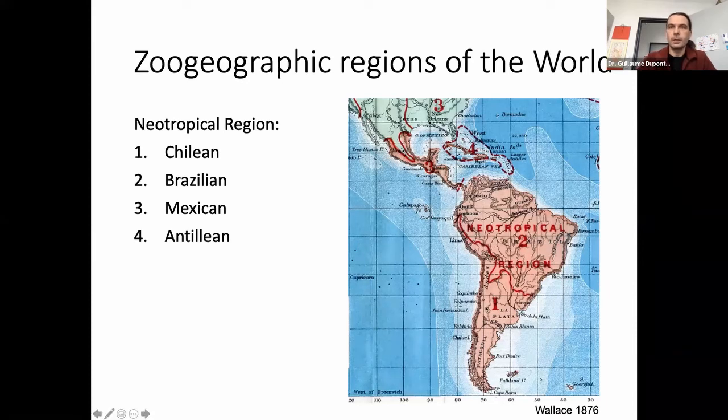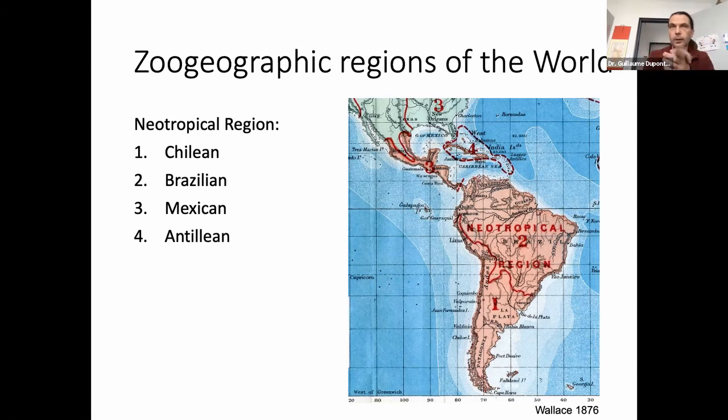He called the first the Chilean region, which is essentially the cold and dry areas. So it includes most of the Andes, Patagonia, and these dry areas in Argentina and Bolivia and so on. Here we have the largest area, what he called the Brazilian region. This is essentially the Amazon basin, the Atlantic rainforest, and large parts of the Cerrado.